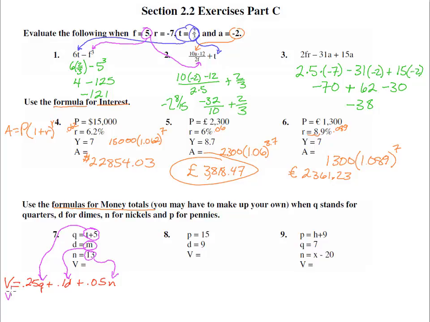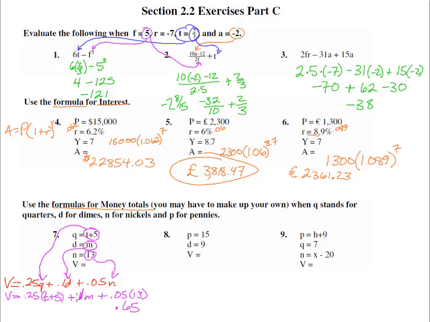So this is telling us we have V equals 0.25 times t plus 5 plus 0.10 for 10 cents for dimes, 0.10 m, and then plus 0.05 times 13. Oh, hey, that's nice. We have a real number over here. 0.05 times 13, that's 0.65.